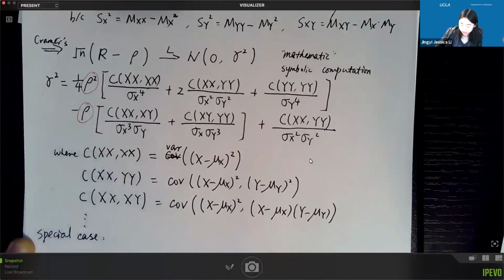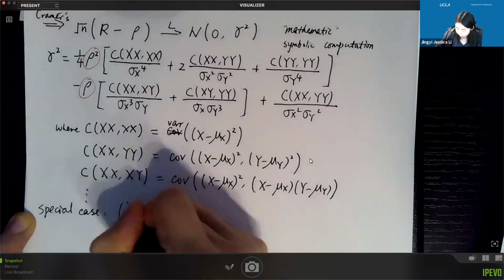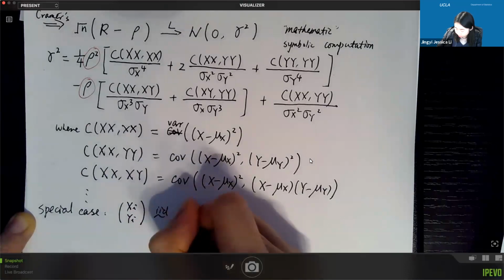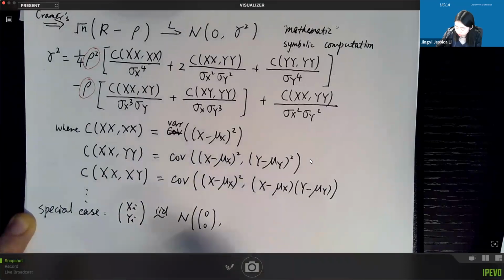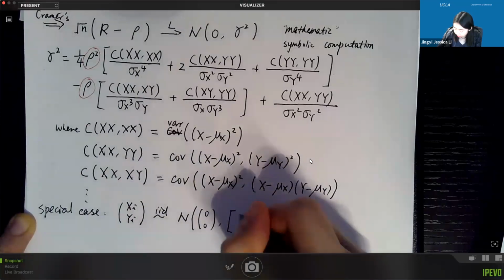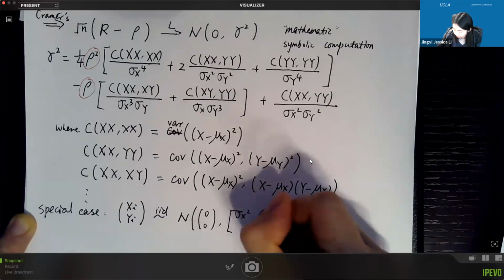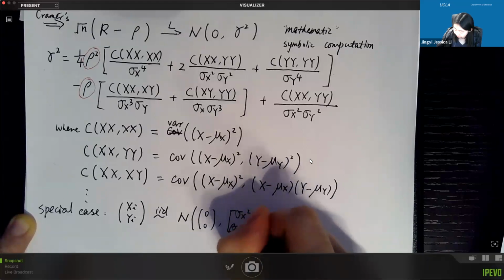Okay, special case is that if my (Xi, Yi) are i.i.d. from bivariate normal with mean 0 and the covariance matrix as sigma x squared, rho sigma x sigma y, rho sigma x sigma y, sigma y squared.